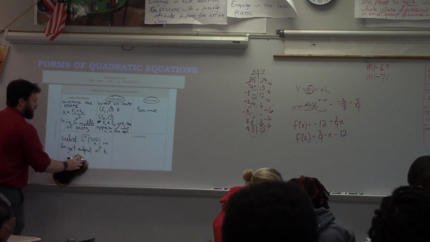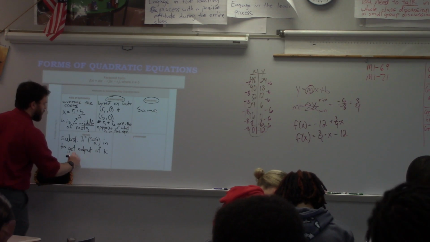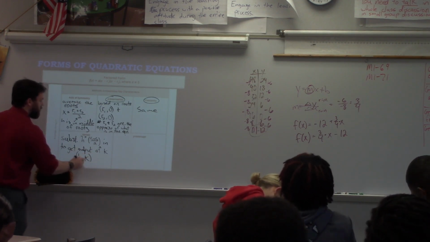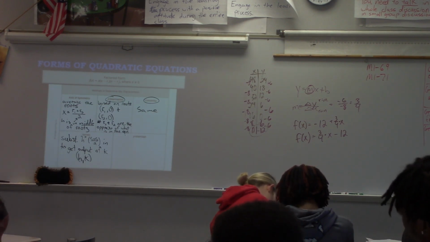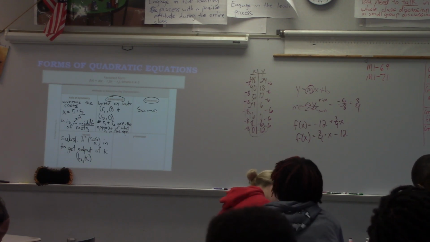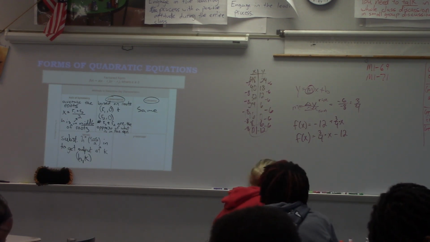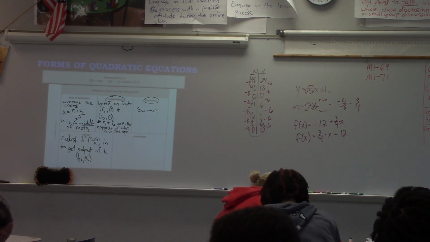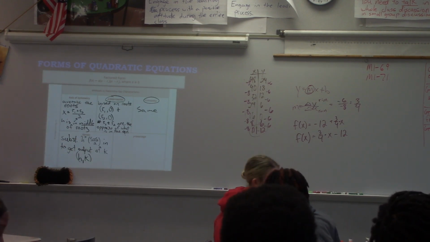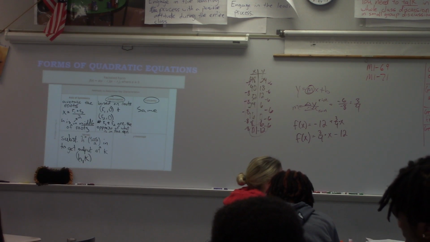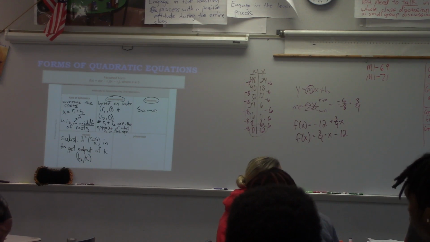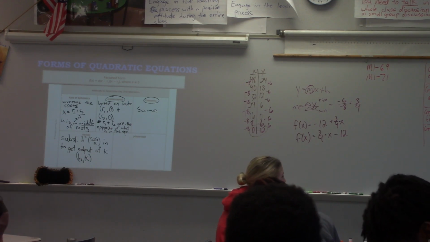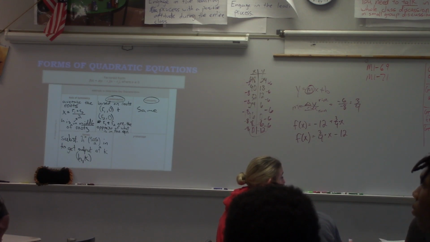So H comma K, which form is that, which form of the quadratic equation are we getting H and K from? The vertex form, but still that's the vertex, right? Even though we're not looking at that vertex form, we do want to recognize like H comma K just means the X and Y value of the vertex. So does anyone know a way to get the y-intercept out of that factored form?